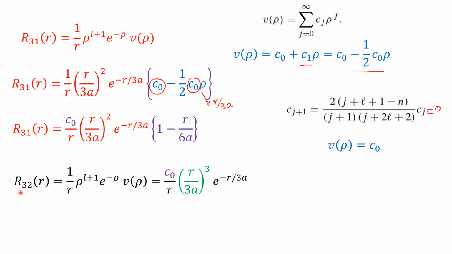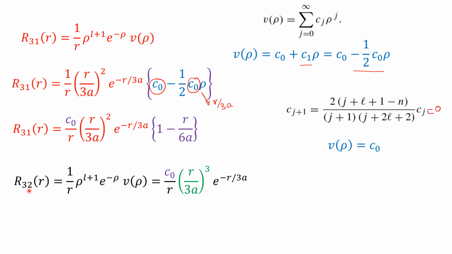Then we will see R32. For R32, the usual case is, by definition, 1 over R, rho power L plus 1, e power minus rho, V of rho. We will see one by one. First, rho power L plus 1.